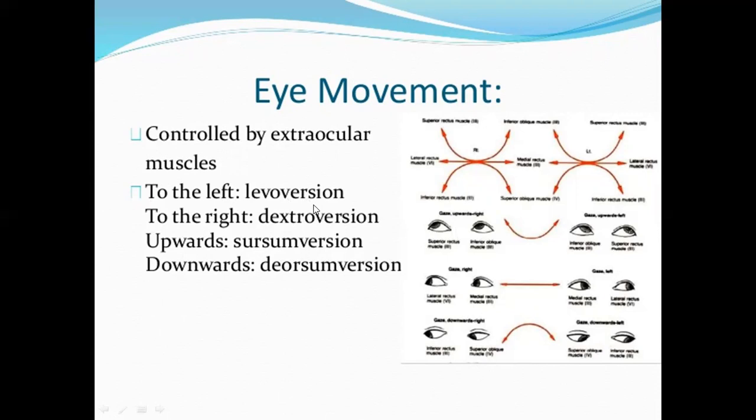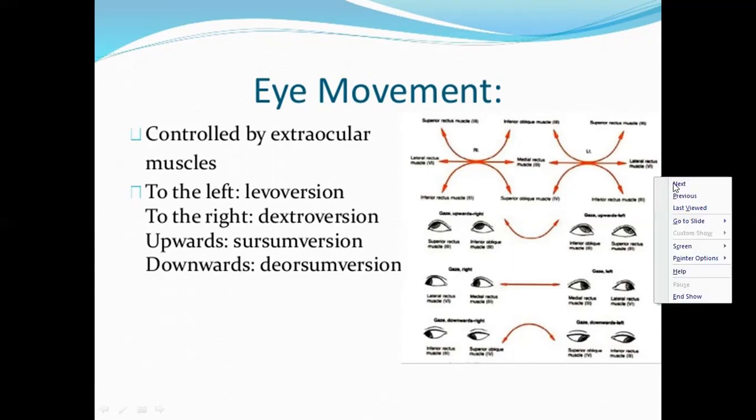To the left, that is levoversion; to the right, that is dextroversion; the upward, that is sursumversion; and downward, that is deorsumversion. So these are the eye movements. This is also physiology of the eye.